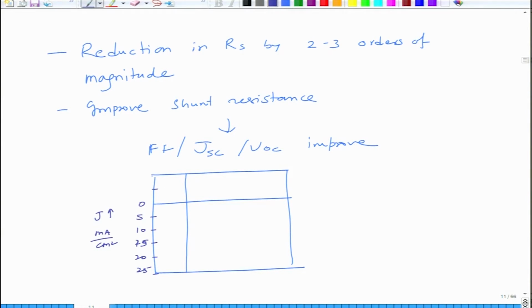So this would be 5, 10. And the voltage, let's say, is about 0.5 and 1 volt here. So the one without any heat treatment would give you a property something like that. So this is without heat treatment.